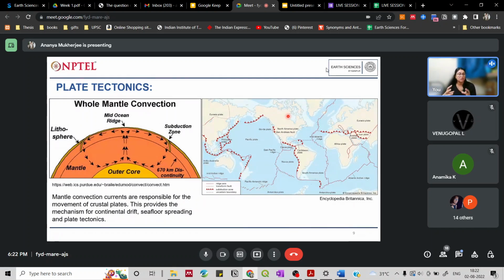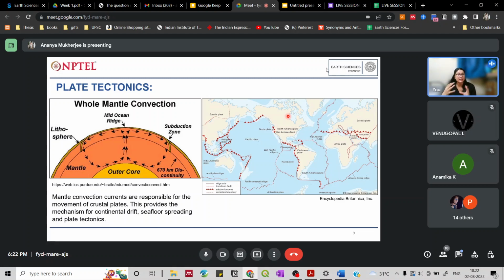Later, due to some processes, the continents started breaking apart. During the entire Earth's history, a lot of times these continents have broken apart and assembled together. So how did these processes happen?